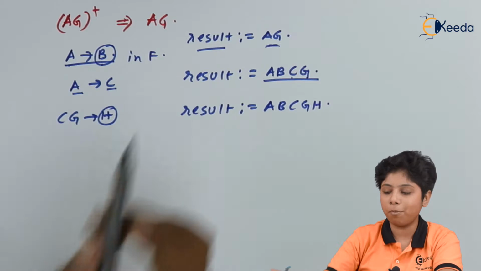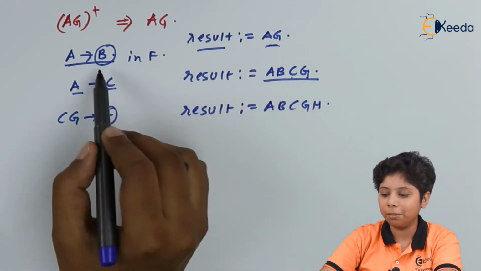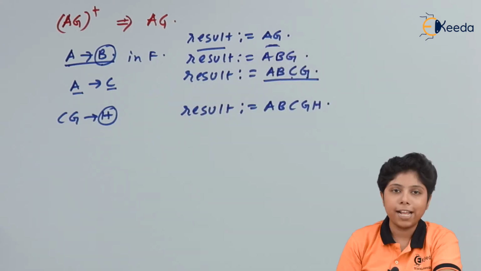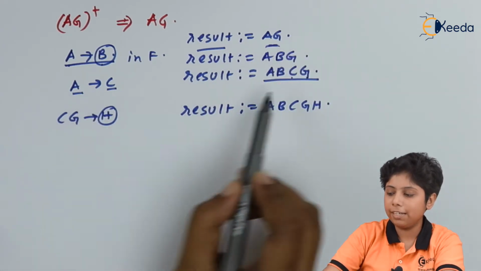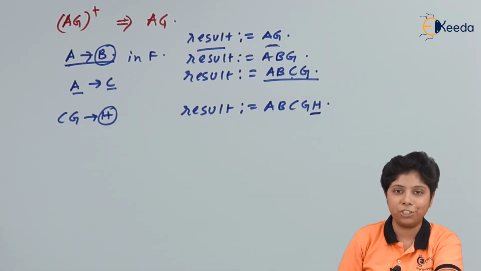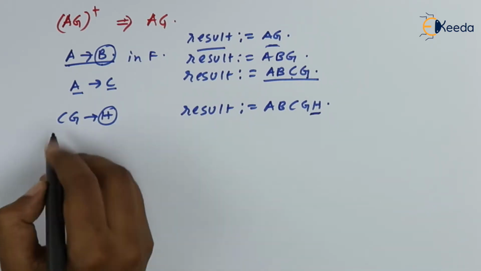So we have started from AG, then we have added B. Next from the dependency AC, we have added C. Now from CG defines H, we have added H. We have one more.